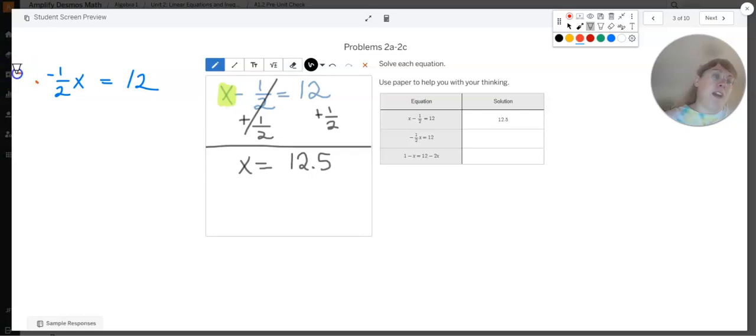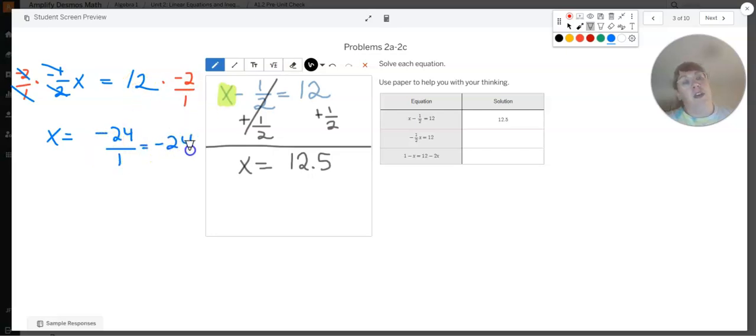Flipping this fraction, we'd get negative 2 over 1. And when we do that, the 2 divided by 2 cancels, negative 1 divided by 1 cancels, and we're just left with x. 12 times negative 2 is negative 24 over 1, which is just negative 24. Okay.